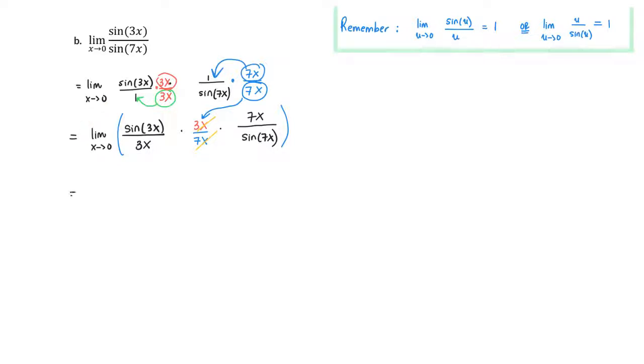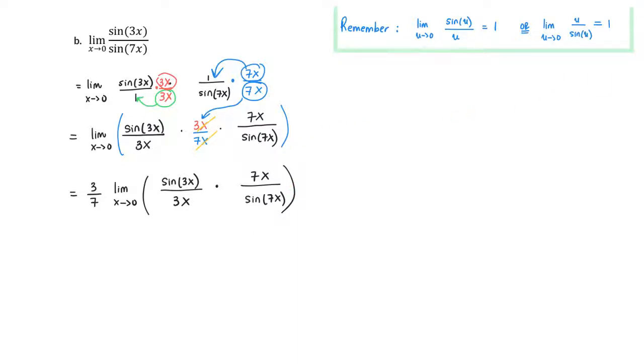So in my next step, I am going to have 3 over 7, the limit as x approaches 0, of sine of 3x divided by 3x times 7x divided by the sine of 7x. And pretty much, if you notice, this is already looking a lot like sine u over u. This is looking a lot like u over sine u.